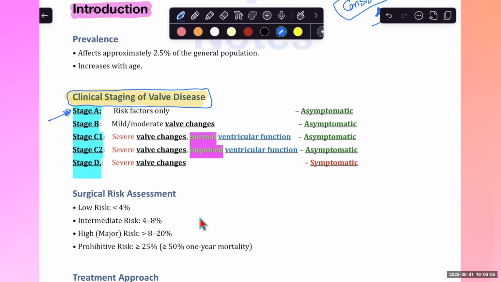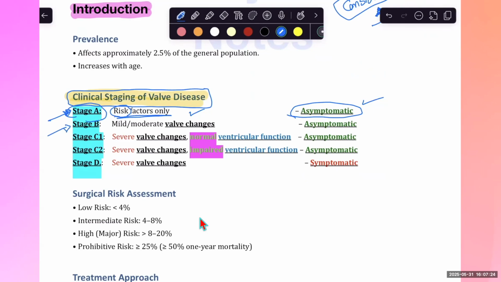Stage A, this patient does not have any symptoms, but he has only a risk factor to develop valve disease. So this patient does not have any symptoms, does not have any valve disease, but he has only risk factor. This patient, from the cardiology point of view, should follow some sort of treatment and change in the lifestyle.